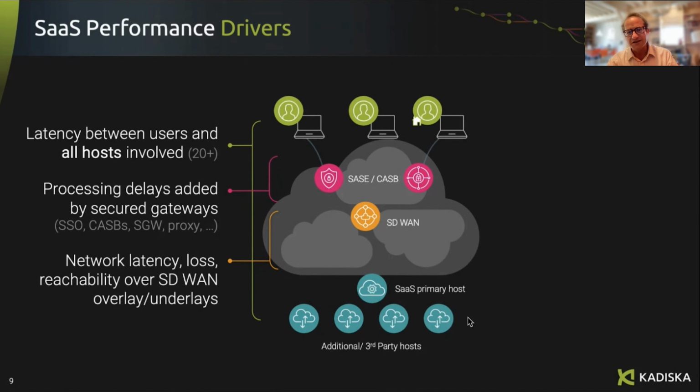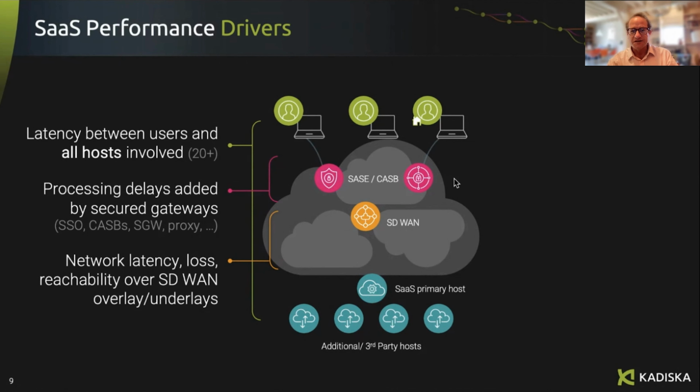Some processing delay is going to be added by proxy clouds in the middle. So if you've got, for example, solutions like a CASB, or a cloud proxy, or a VPN and then you backhaul to the internet to reach the SaaS platform, all of that is adding processing time, which will have an experience impact for your users.